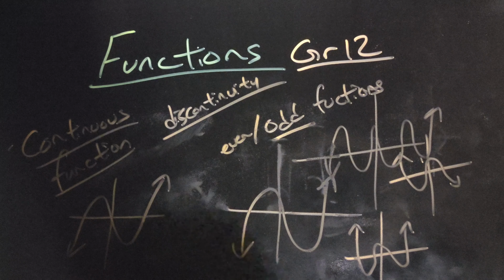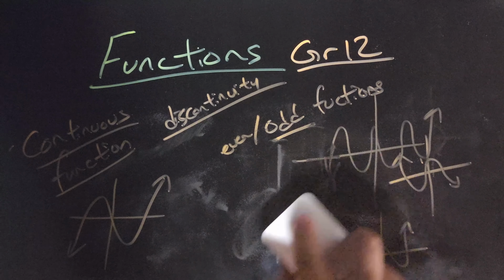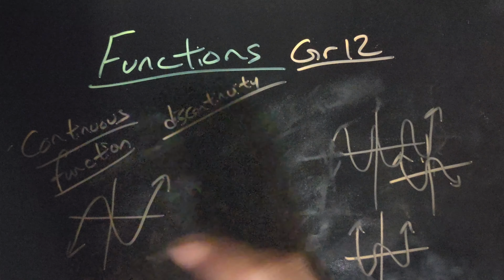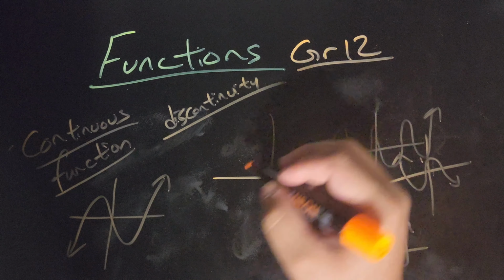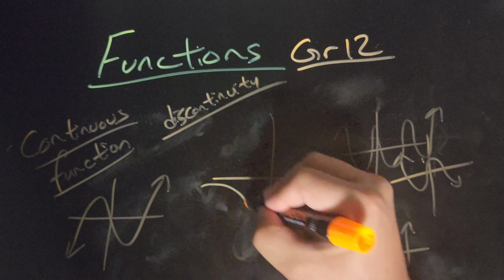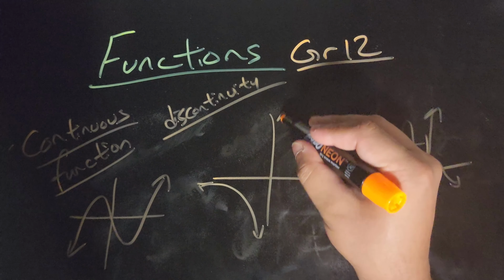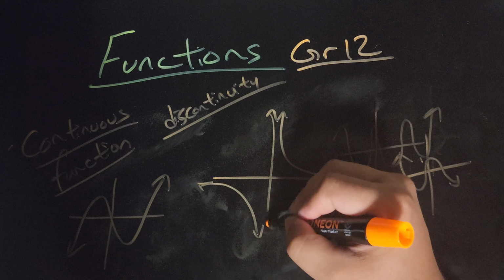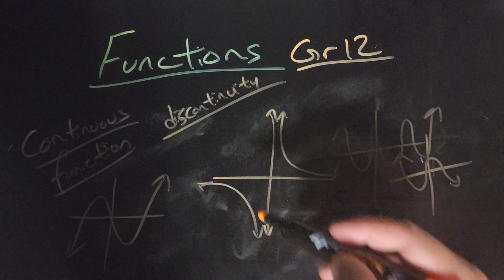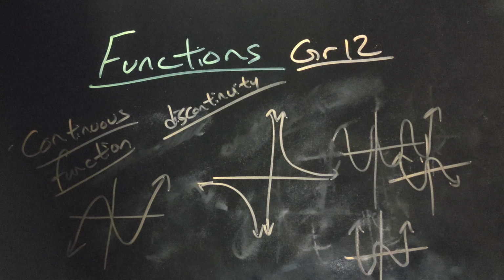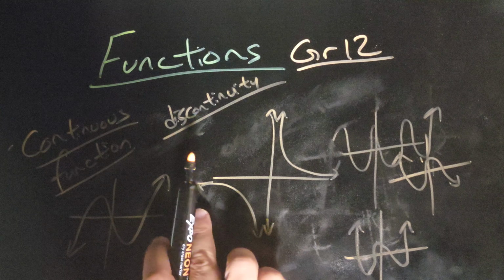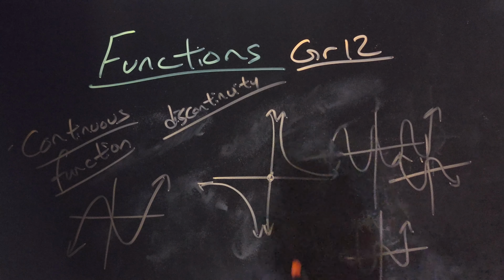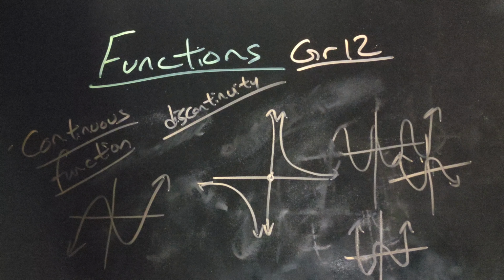For example, when a graph does something like this, with the y-axis as an asymptote, that'll be a discontinuity because it has points for every x value except x equals 0.